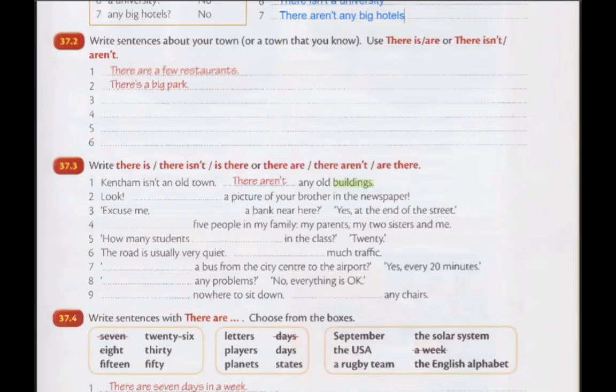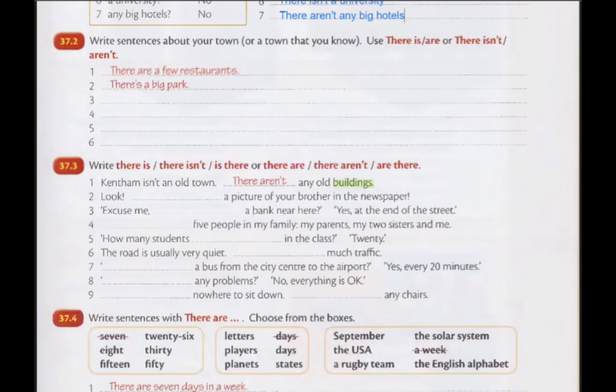The road is usually very quiet. There is much traffic, or I should say there isn't. There isn't much traffic, right? For seven, there is a bus from the city center to the airport. Oh, it's a question. You should say, is there a bus? Okay. Are there any problems?